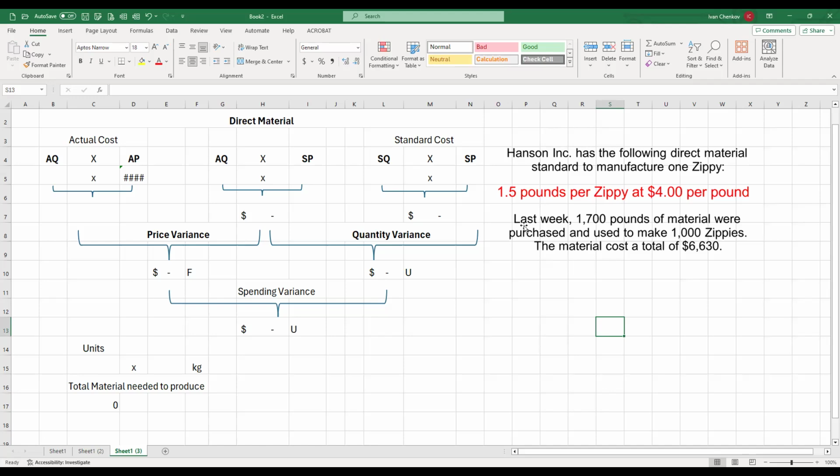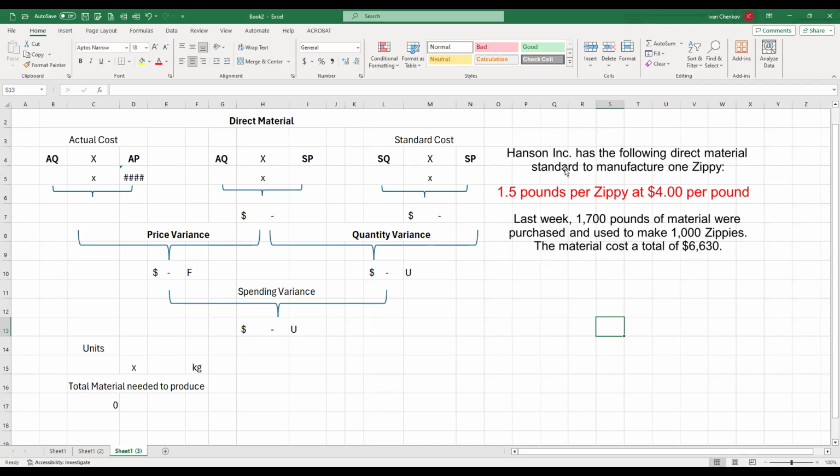So for this question, we have the following standard. To produce one product, we're supposed to spend 1.5 pounds, and we're supposed to pay $4 per pound based on our standard.